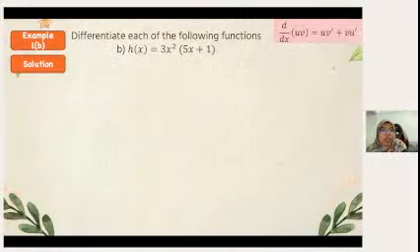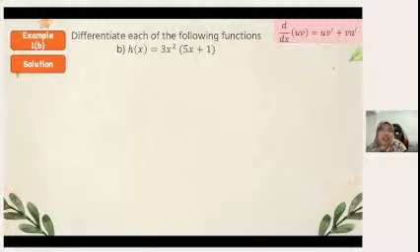B is quite easy. Okay, differentiate 3x squared multiplied with (5x plus 1). Of course, you can choose to expand them. Actually, if you want to, you can expand them first and then simply differentiate them by using the power rule. But since we are currently learning about the product rule, let us use the product rule.